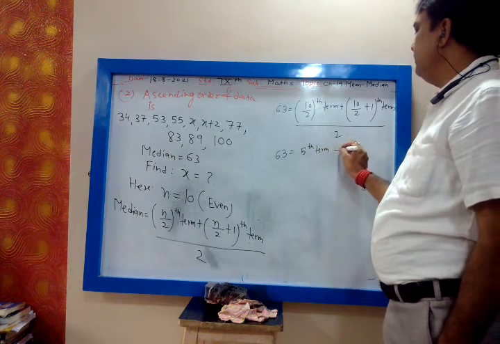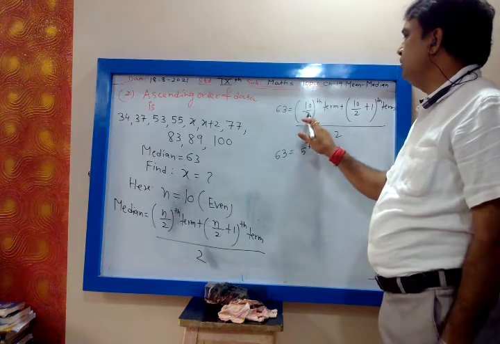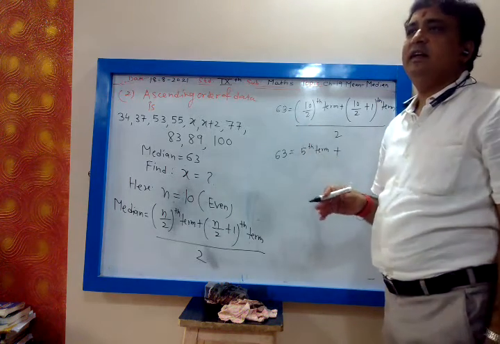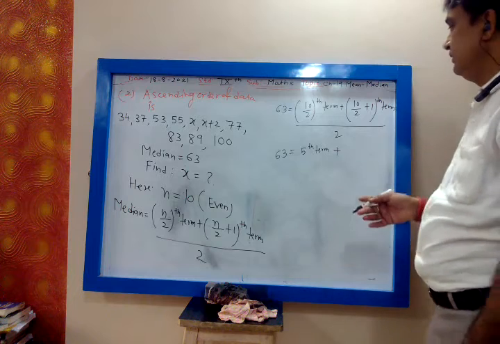See where the student makes a mistake. In examination they write 10 by 2, 5. It is not 5, it is the 5th term of the observation. You clear?